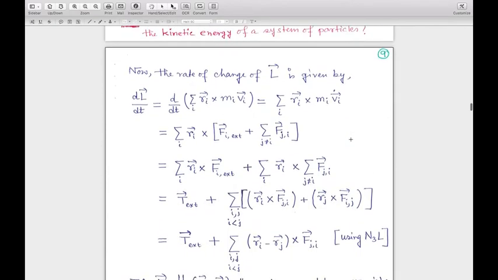Okay, now let's have a look at how the total L changes with respect to time, and that will simply give us the torque of the system.